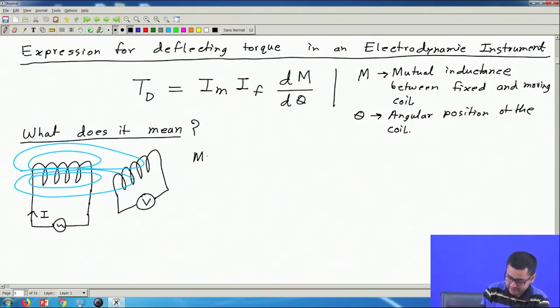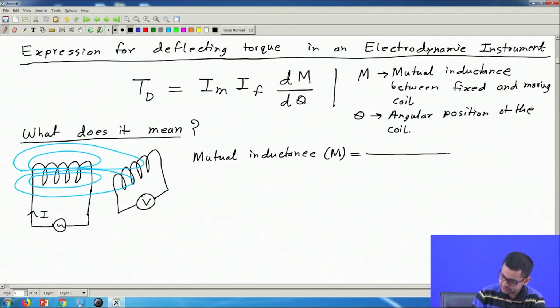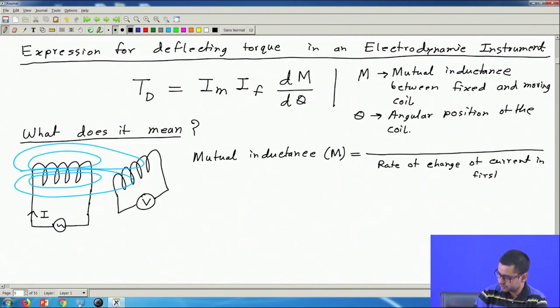Now, the mutual inductance M we can define as the voltage induced in the second coil divided by the rate of change of current in the first coil.